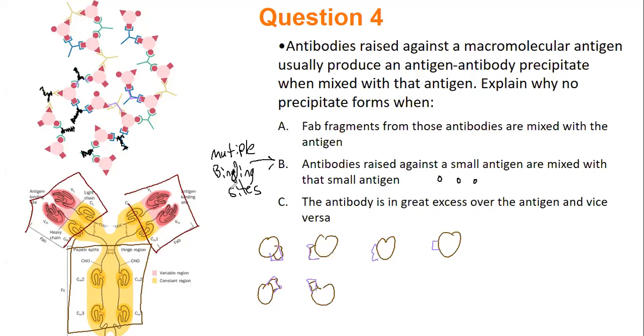A good example of this is like a sugar. If I'm looking for a specific sugar to bind to, there's no other way that sugar can be different. And so I probably won't have a precipitate because I need at least two antibodies to bind to the same antigen at once. If it's really small, there's no way I'm going to have two antibodies bind at once. Questions about that idea?